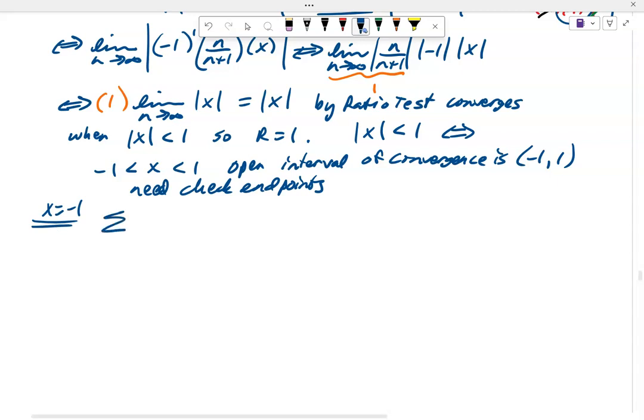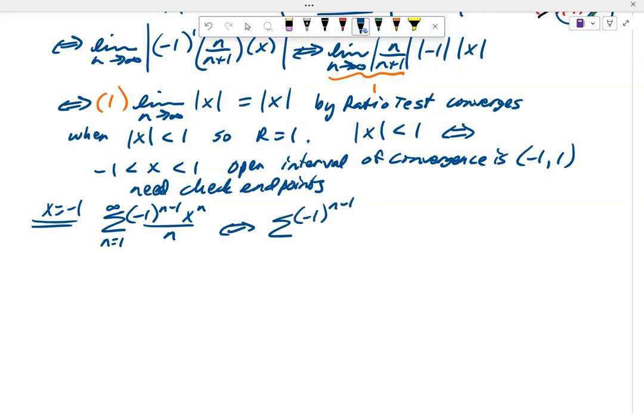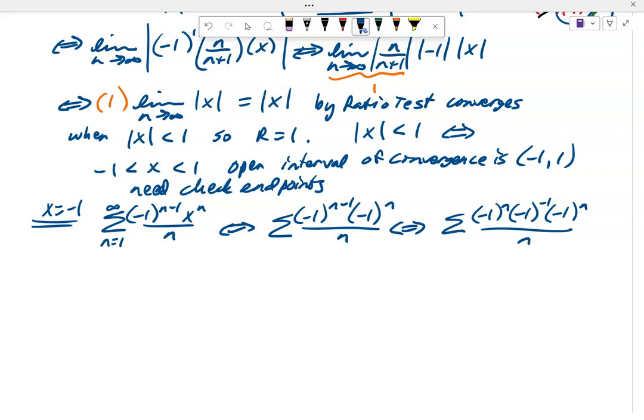So we have -1 to the n minus 1, x to the n, all over n. X to the n, all over n. Actually, let me write this as -1 to the n, -1 to the -1, -1 to the n, all over n.